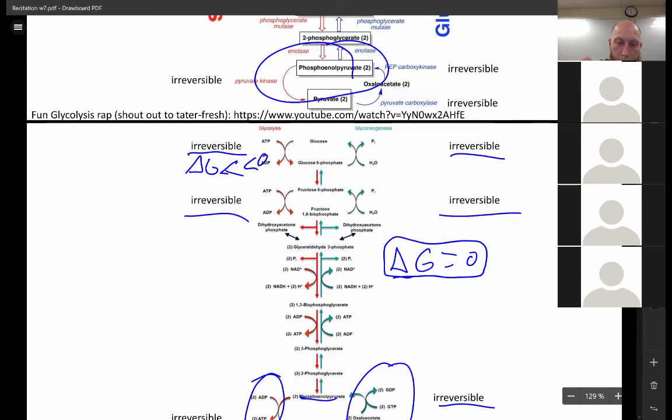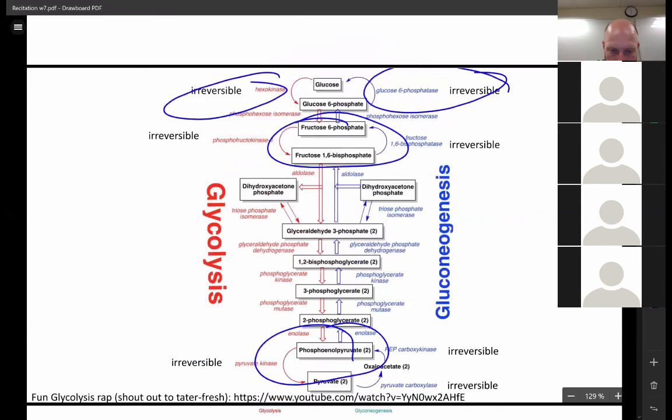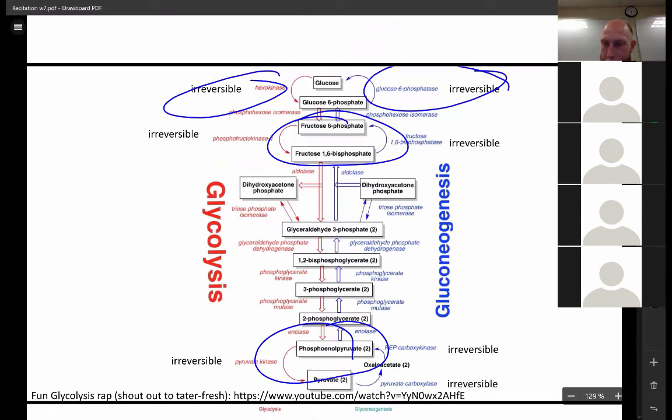Either way, it should be up here. Aldolase. Sorry, when you use aldolase and you convert fructose 1,6-bisphosphate to either dihydroxyacetone phosphate or glyceraldehyde 3-phosphate, the reaction in itself is going to want to make more dihydroxyacetone phosphate.